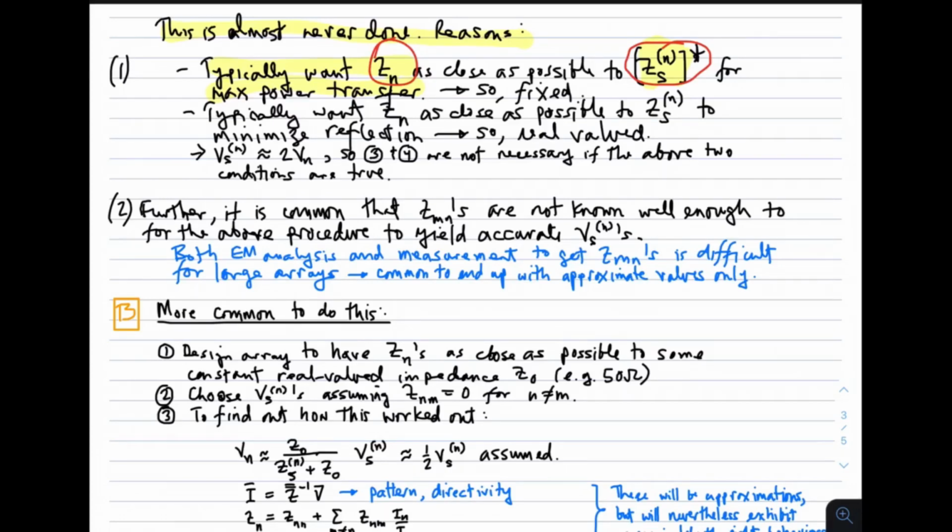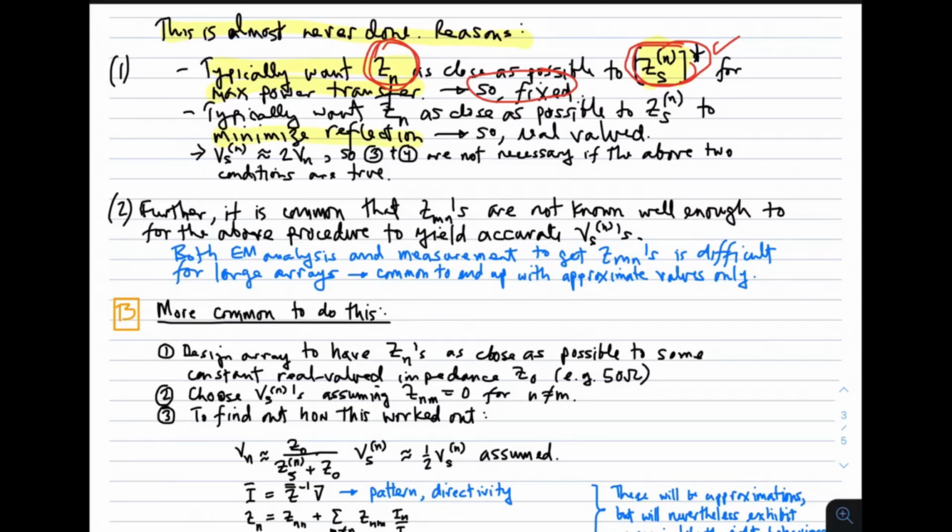So, as we just mentioned, the source impedance for the transmitter is likely to be fixed for the convenience of developing the transmitter. So, as a result, the active impedance should be fixed. So, typically, there is a lot of effort put into making the active impedances to be a fixed value consistent with this criterion. But you have another consideration. It's not just that you want maximum power transfer, but also you want to minimize reflection.